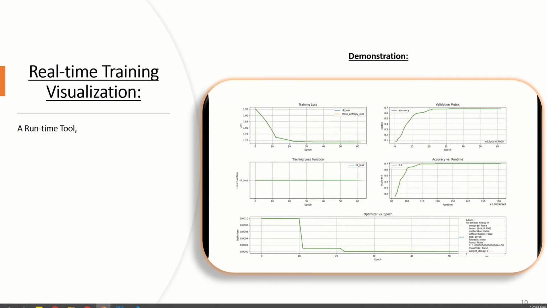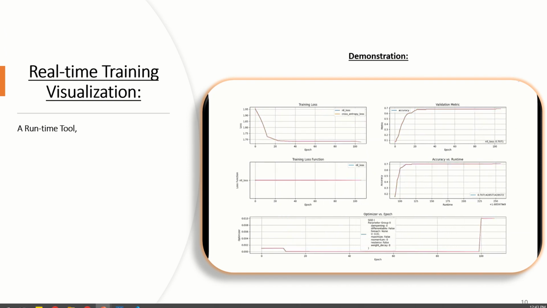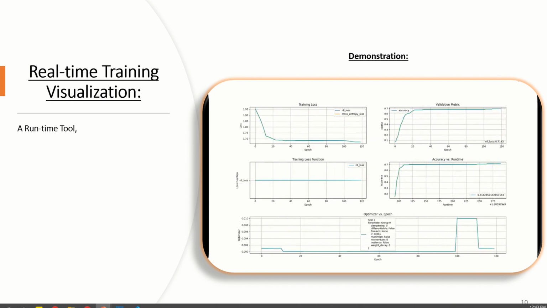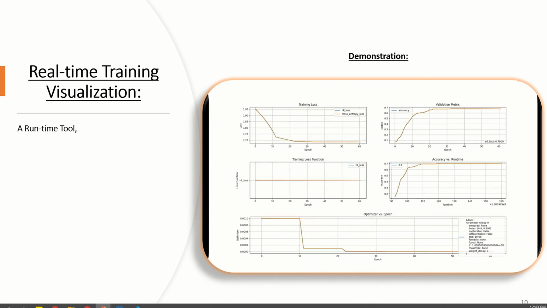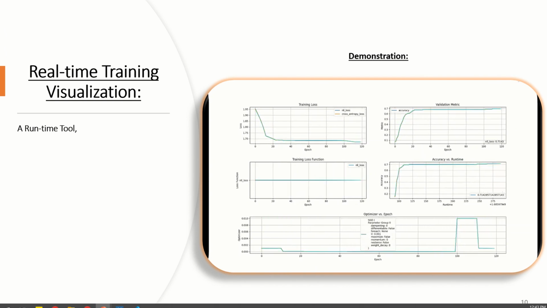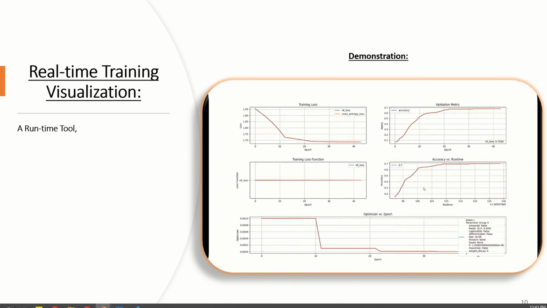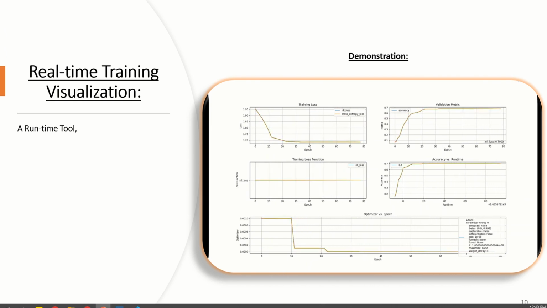So that's a demonstration. As you can see, you can visualize the training loss with the validation metrics. You can see the accuracy, which loss function is chosen at runtime and which optimizer function, and with the loss function chosen by the algorithm, what the output was and how it is behaving, right?